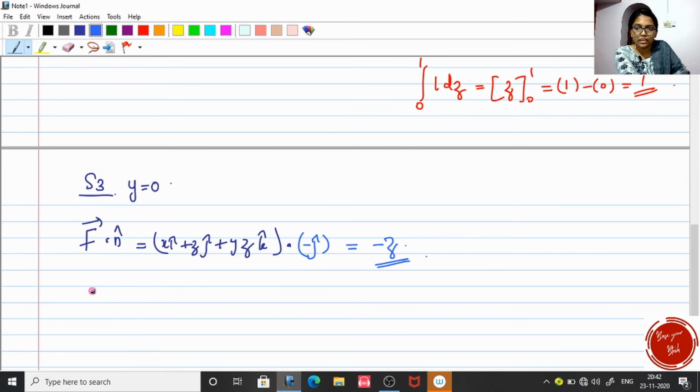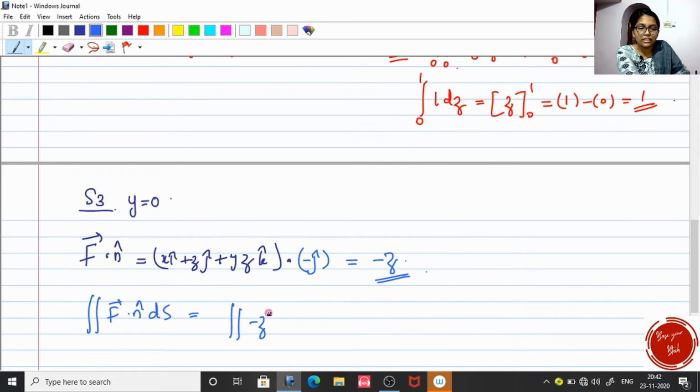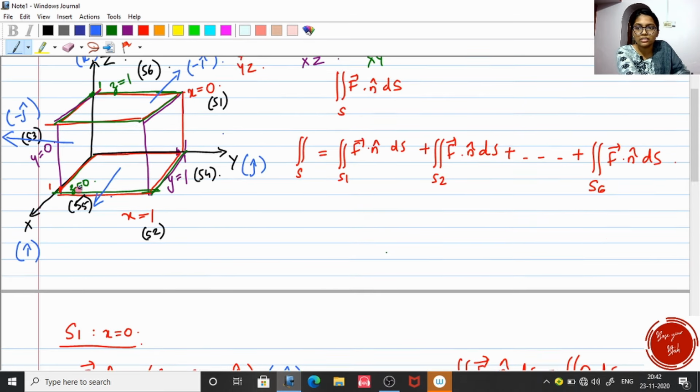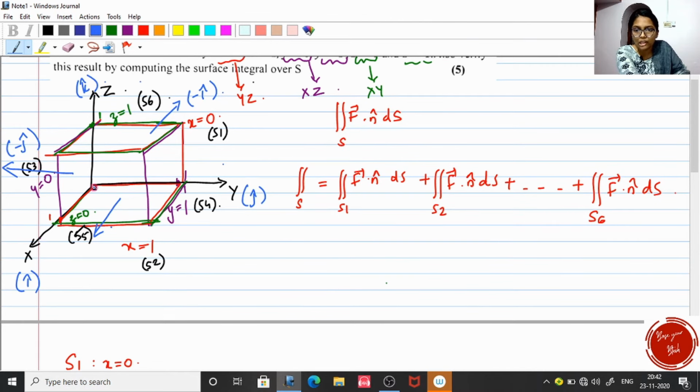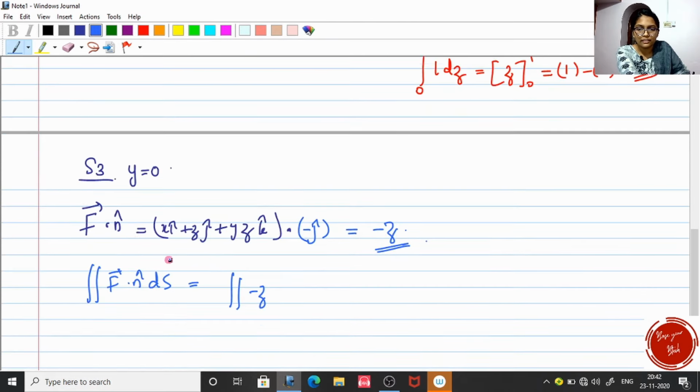So, taking the double integral of f dot n cap ds, f dot n cap is negative z and ds, what is the variation for that plane? The variation is along the x direction and the plane has its variation along the z direction also. So, we can write it as dx dz. Similar to the limits taken for S2, here also we have the variation from 0 to 1 and 0 to 1.